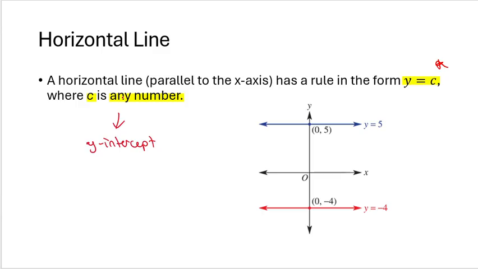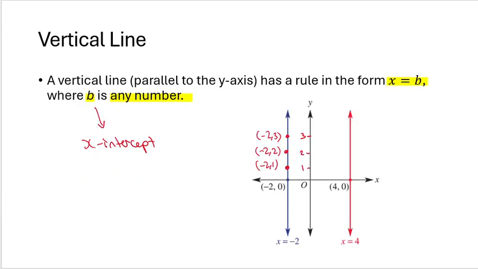And if you're wondering, I know you say here c is any number, but it pretty much just means the y-intercept, or the y value of a coordinate. Okay, so that's all it is.